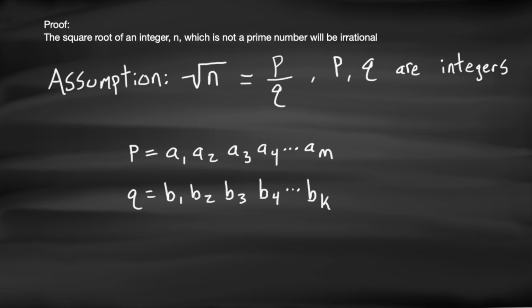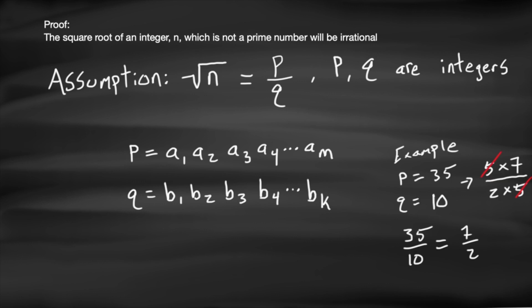If we are in reduced form, then there will be no value on the top and bottom to cancel. For example, if P is 35 and Q is 10, we would have in prime factor form P equal to 5 times 7 and Q equal to 2 times 5. The 5 on the top and the 5 on the bottom would cancel. So 35 over 10 in its reduced form would be 7 over 2.